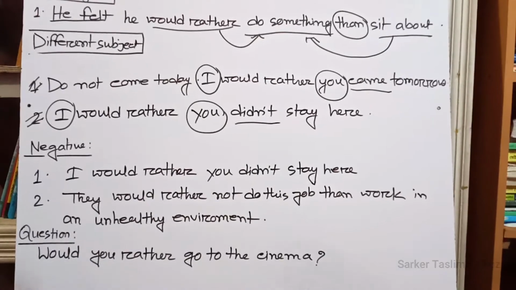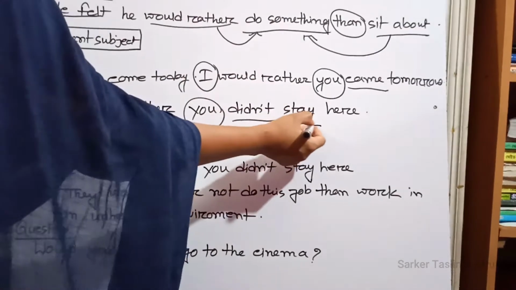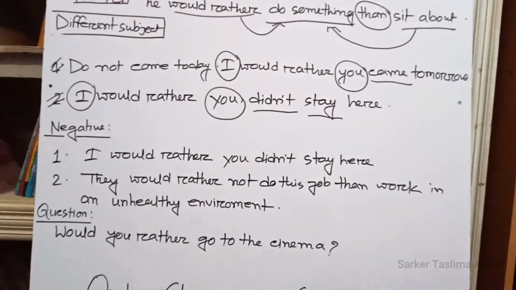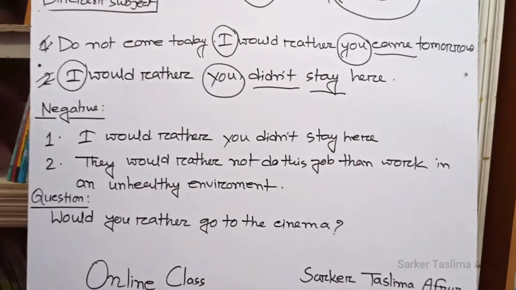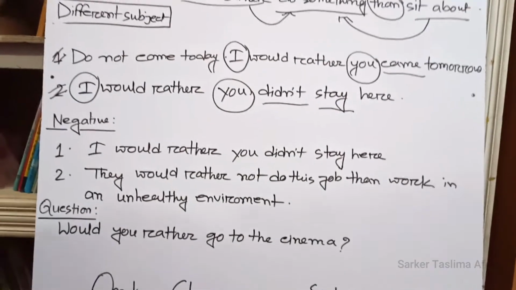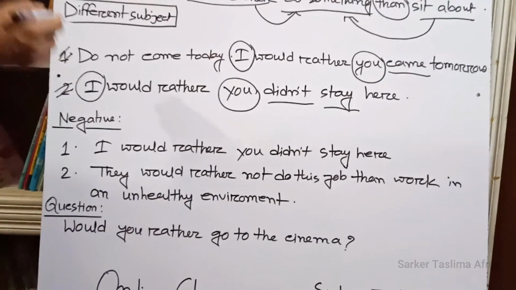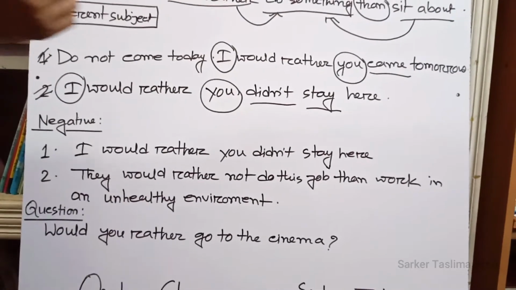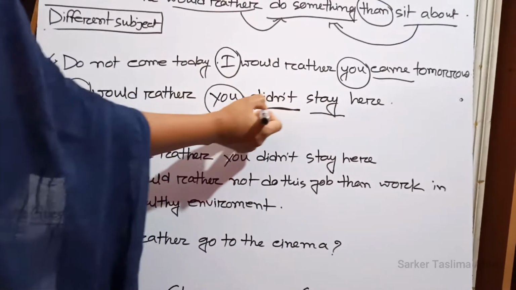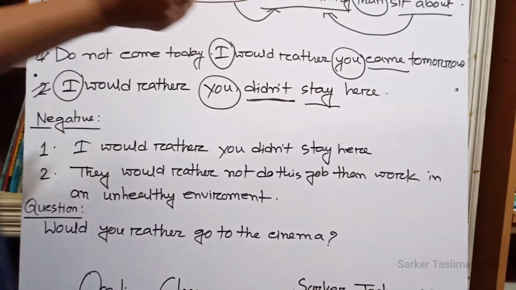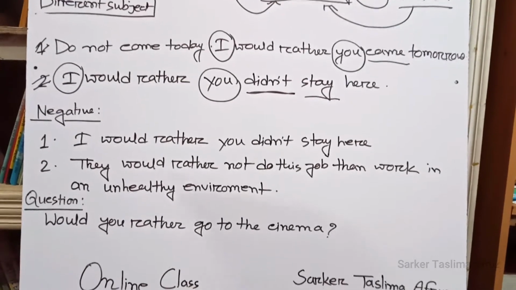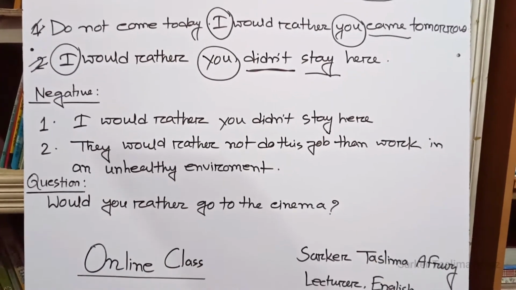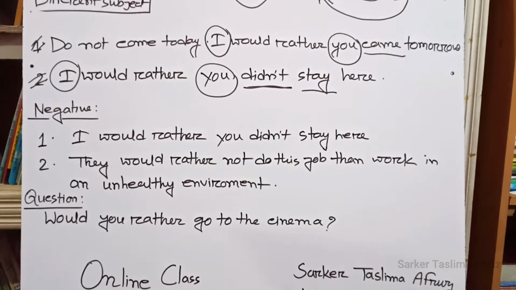That means what I meant earlier in my videos, I had talked about this subjunctive verb. So dear student, you can see in these two examples I have written second form of verb, that is came and didn't. What I mean, here I wrote the past form in these two sentences.